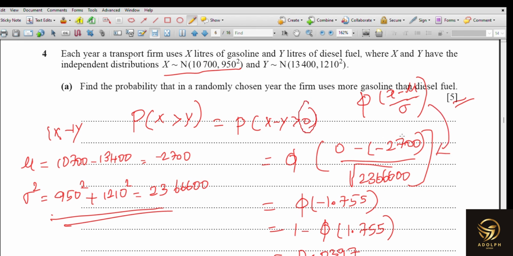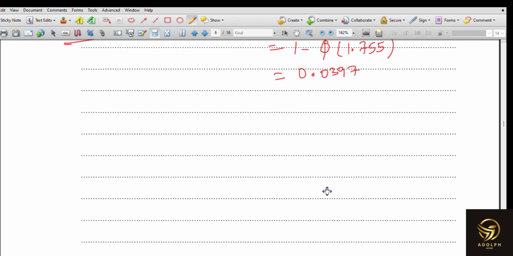X is the value here, mu is what we found here, and sigma squared is this, so I'm taking the root and applying it in the problem. Applying it in the formula takes 3-4 steps and gives us marks. One step is converting the given statement to a mathematical notation, and the second is finding the mean and then the variance. That is going to give us 5 marks.